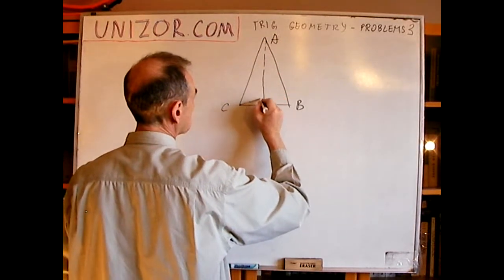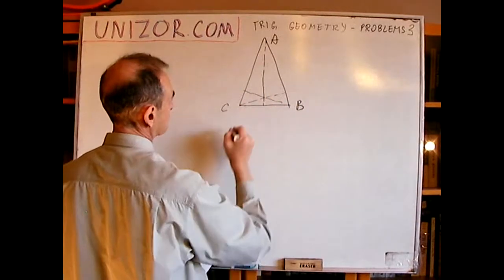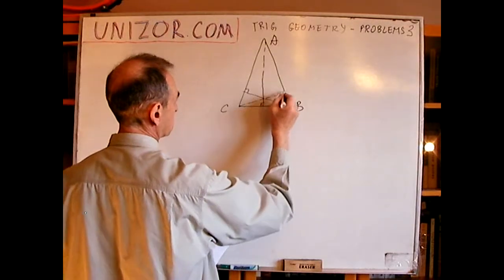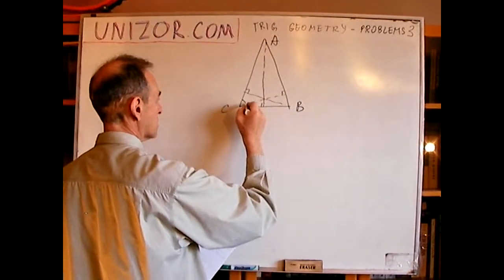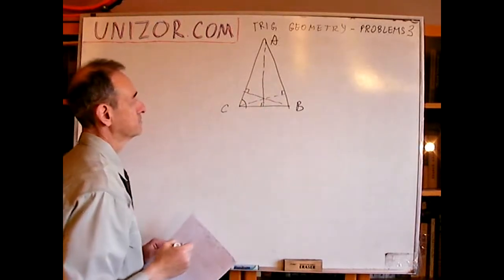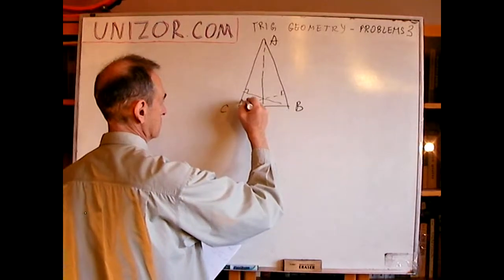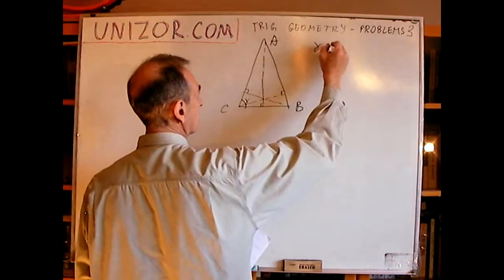One altitude, another altitude, and another altitude. So these are right angles. Now, this angle is given. Let's call it gamma. So gamma is given.